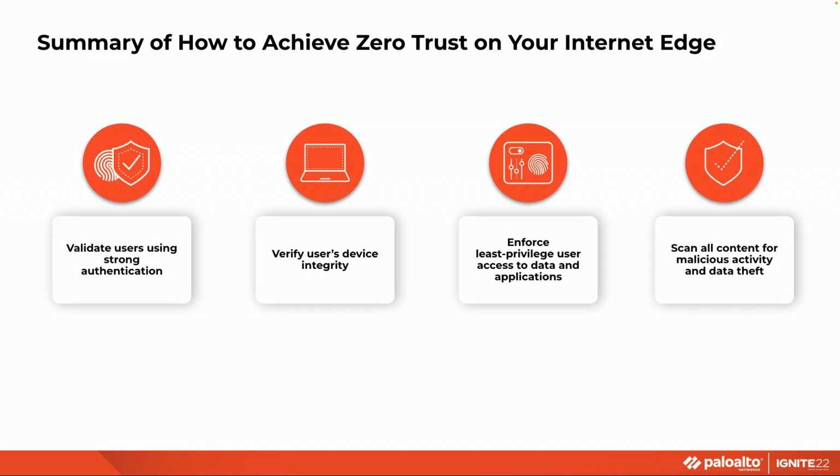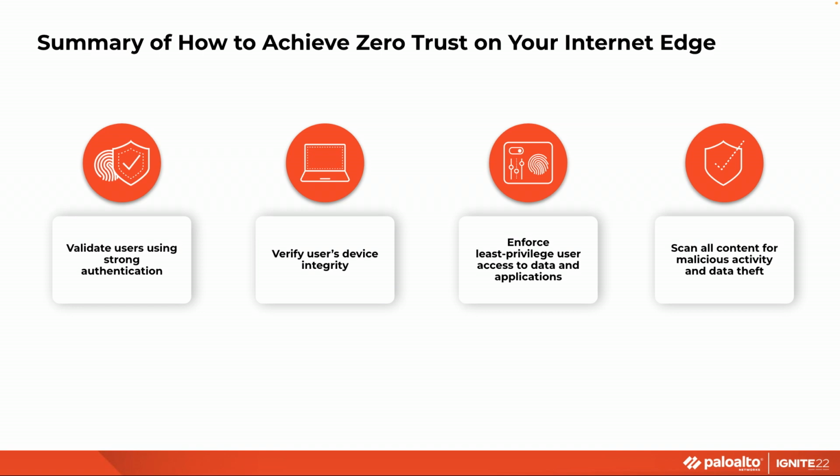Write security policies based on users and groups. Second, verify users' device integrity. Enforce device integrity across all devices. Use dynamic user groups to automatically detect and remediate risky behavior on your network. Enable host information and HIP checks to ensure user devices are compliant with your security posture requirements.